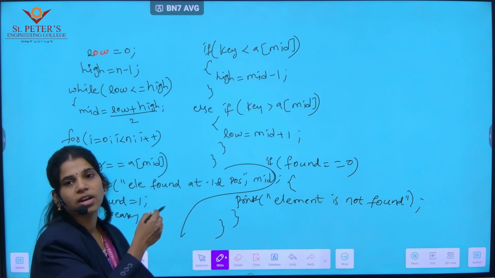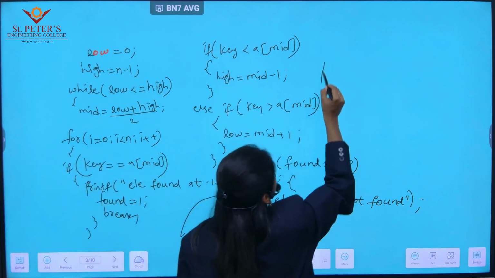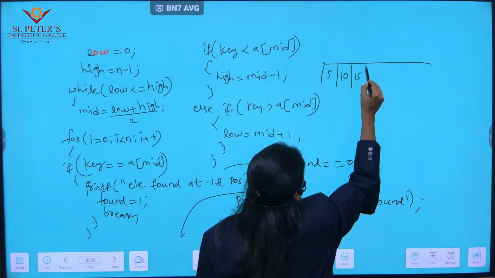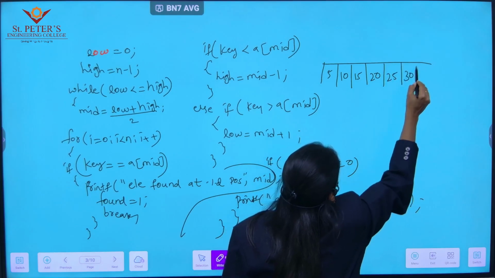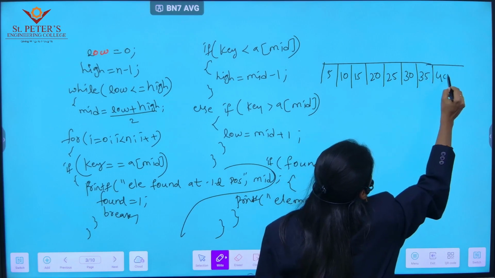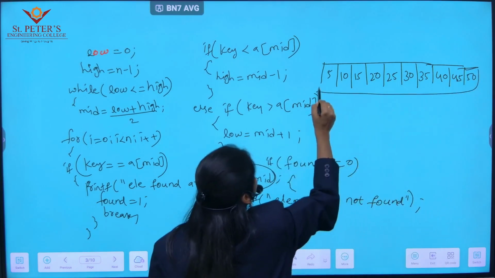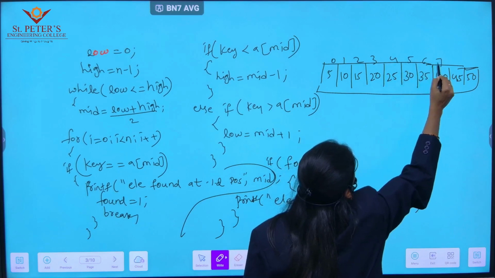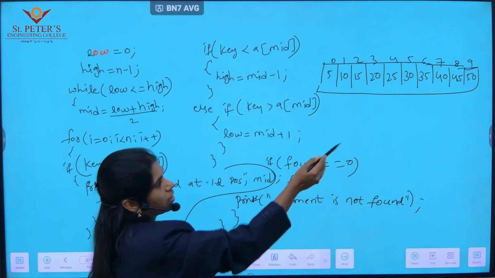So this is the program regarding binary search. See here, for example, assume that is my array that contains 10 elements.